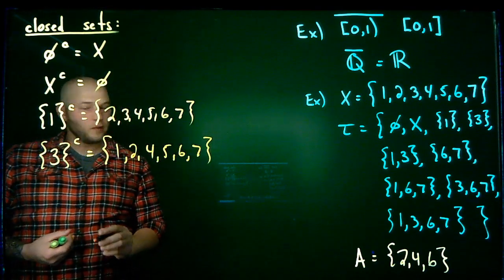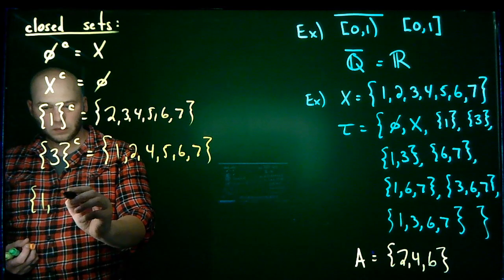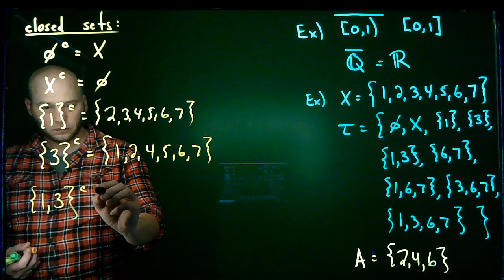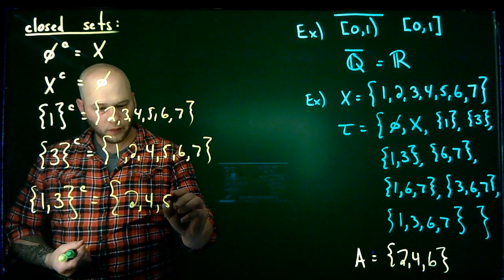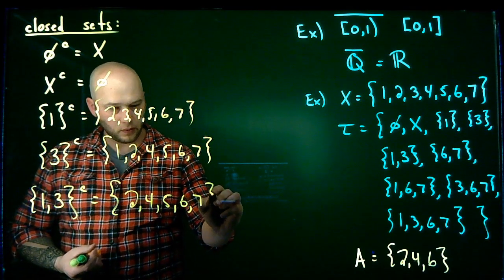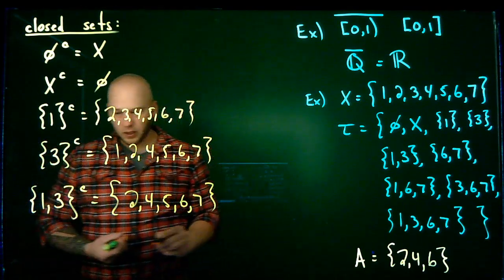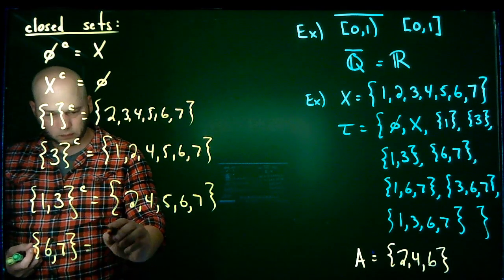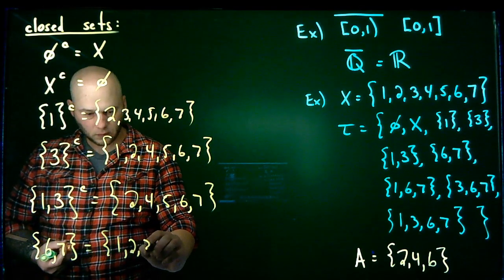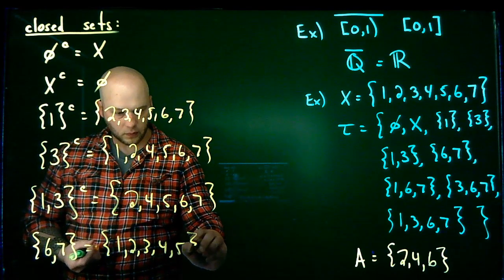Take the complement of {1, 3}, so {2, 4, 5, 6, 7}. Take the complement of {6, 7}, {1, 2, 3, 4, 5}.